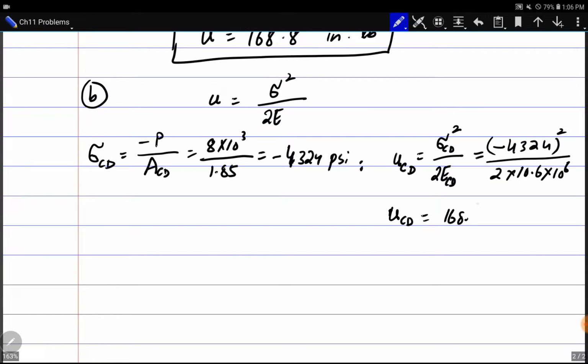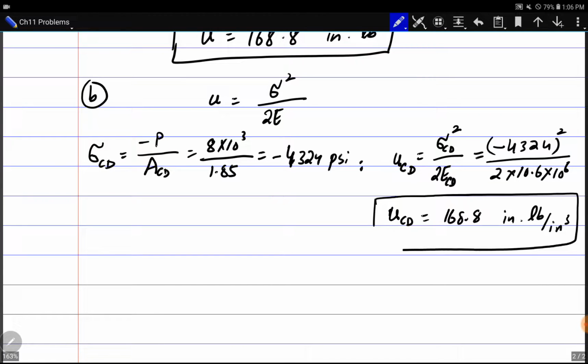168.8 inch pound per cubic inch. Similarly, sigma EF is equal to P over AEF.